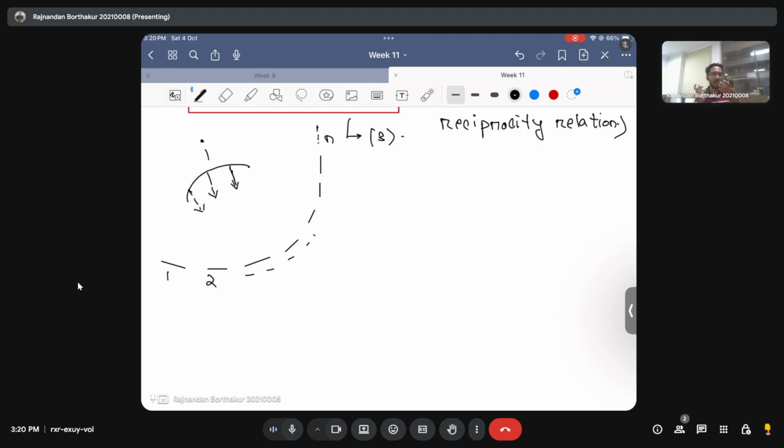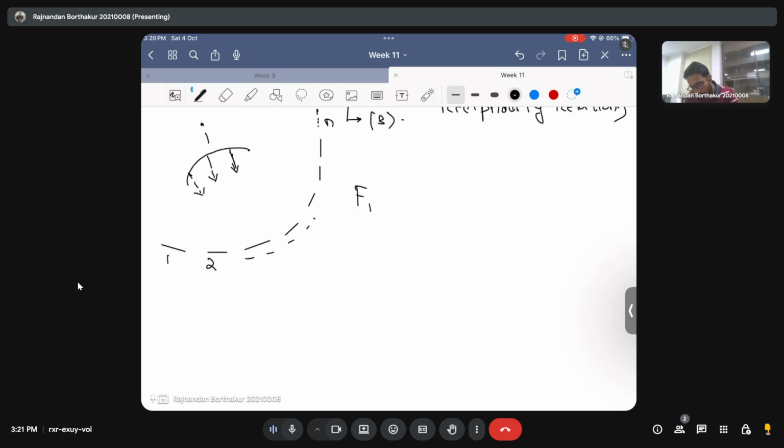Fictitious means they are not real surfaces, but you are forming n surfaces which will capture all the possible radiation coming from this individual surface I. Then if you apply a simple energy balance, you can show that Fi1, which from the very definition of view factor is just the fractional radiation leaving surface I which is intercepted by surface 1, plus Fi2, which is the fraction of radiation leaving surface I which is intercepted by surface 2.